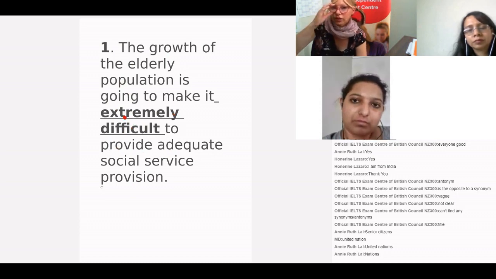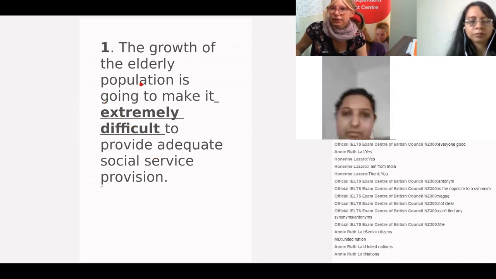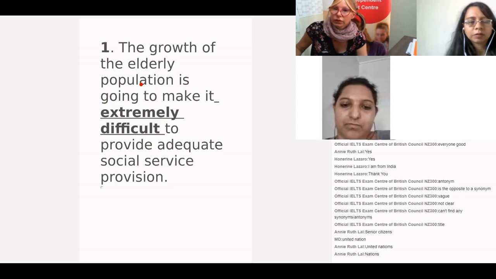So I've underlined here extremely difficult, but I'm wondering if you can also help me find another key word that we need to be looking for here. You can type it in the box if you like. Other words in this sentence, what do you think we need to be focusing on for our answer?